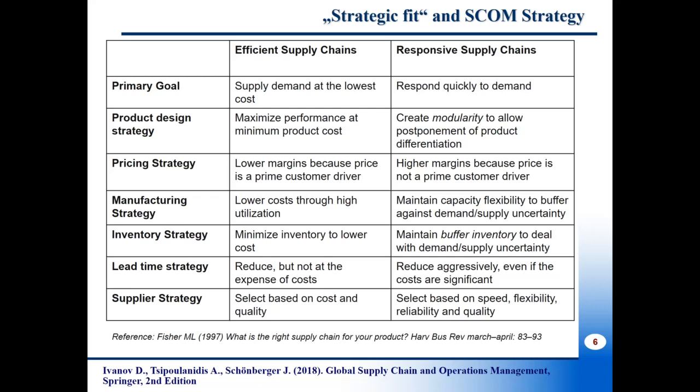However, many companies have a wide product range. For some products, market conditions may be stable. For others, however, they may be volatile and unpredictable. For these companies, a hybrid strategy applying elements of responsiveness and efficiency for their particular products is advisable.